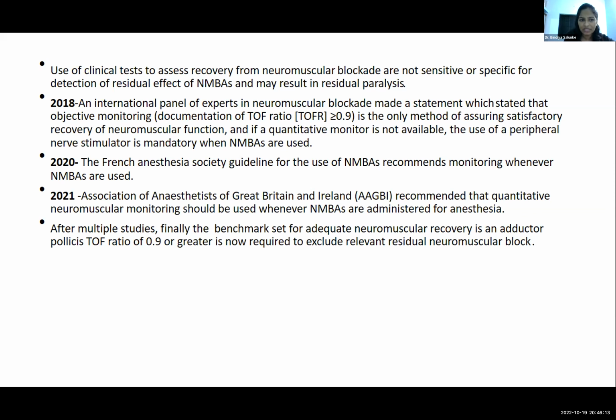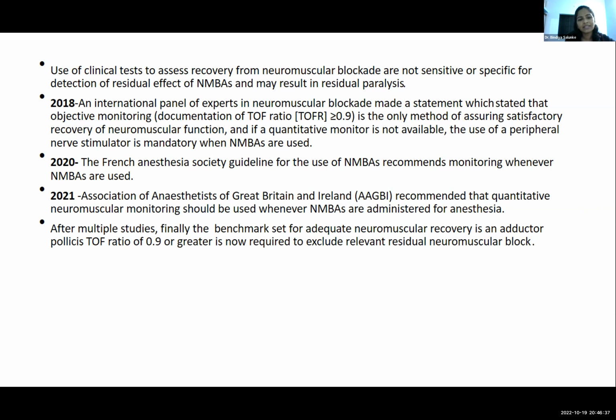In 2020, the French Anesthesia Society guideline for the use of neuromuscular blocking agents recommended monitoring whenever neuromuscular blocking agents are used. In 2021, the Association of Anaesthetists of Great Britain and Ireland recommended that quantitative neuromuscular monitoring should be used whenever neuromuscular blocking agents are administered for anesthesia.